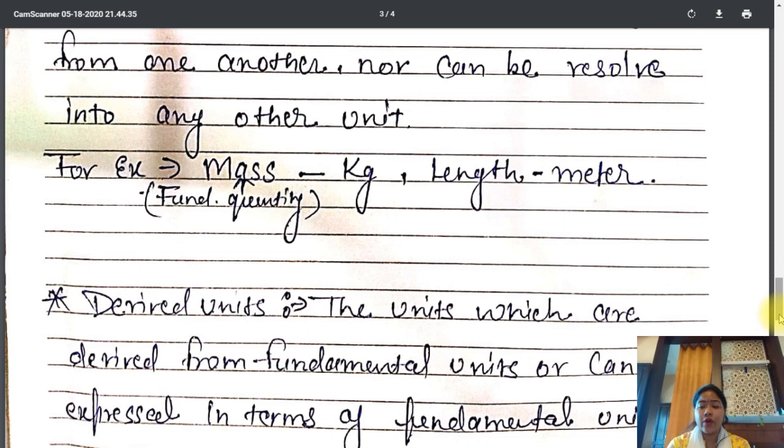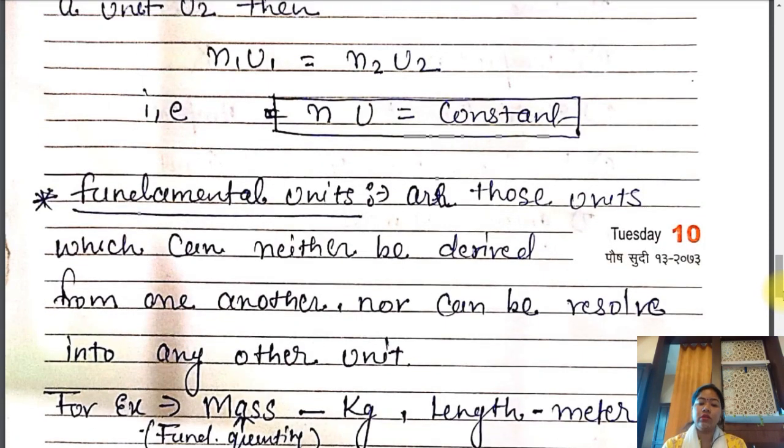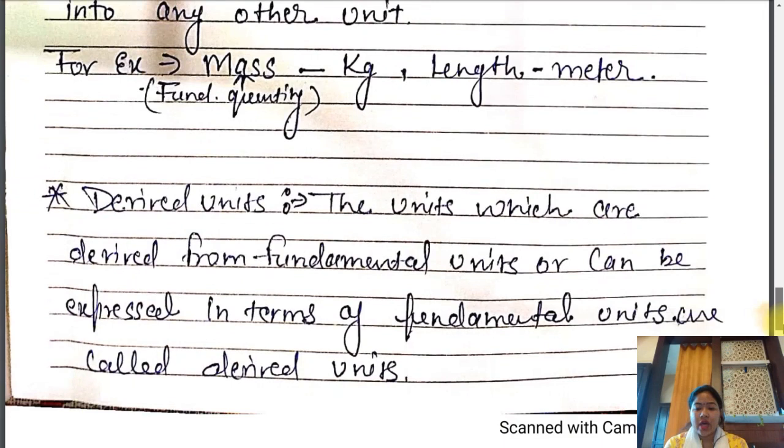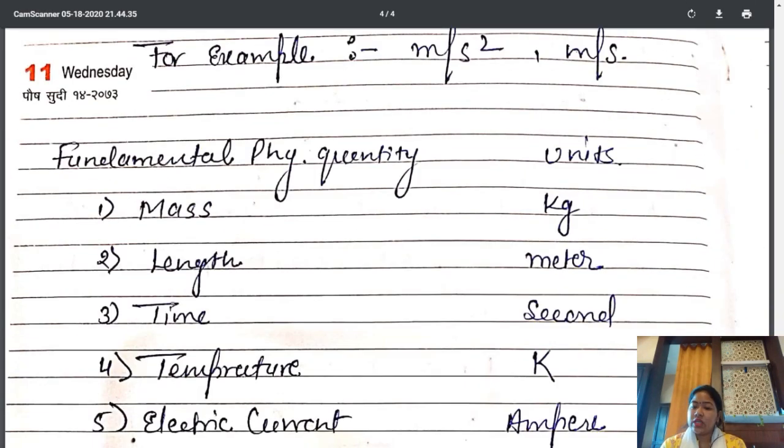I hope you are understanding the concept of the fundamental and the derived. Whatever number of quantities we have as fundamental, all the others are in the category of the derived quantities. Standardly, we have seven fundamental physical quantities and their units.